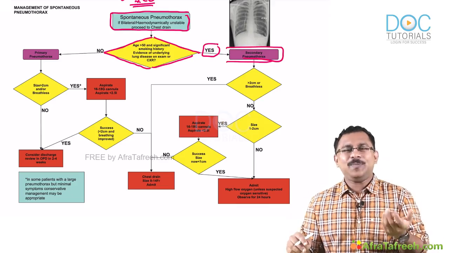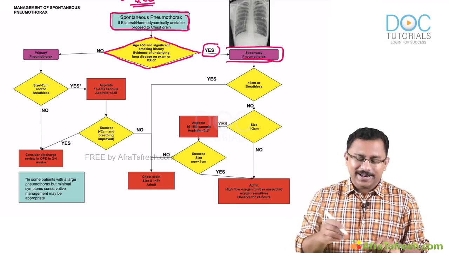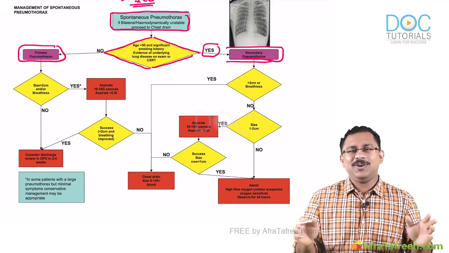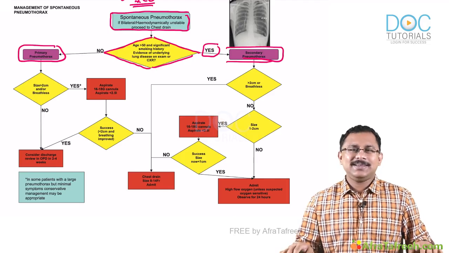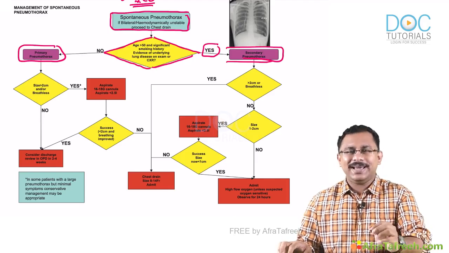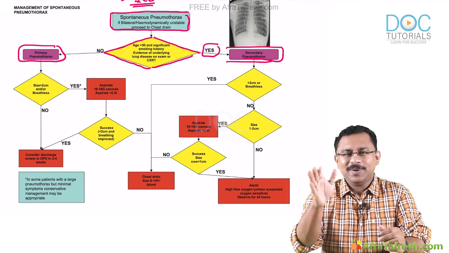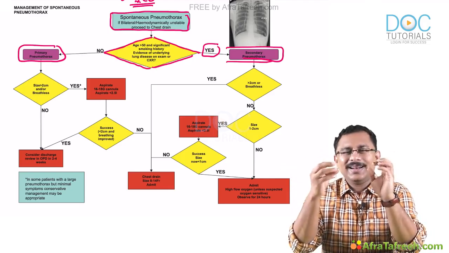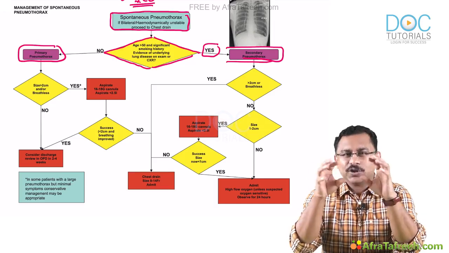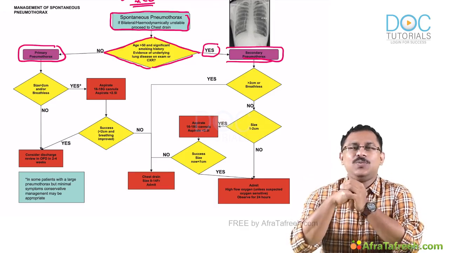If he is a younger patient who presents with pneumothorax, this is likely to be a primary pneumothorax. As per the BTS guidelines, there is a slight difference in the management between a primary and a secondary pneumothorax. But remember, the decision making is mainly based on the size, which we are coming to.